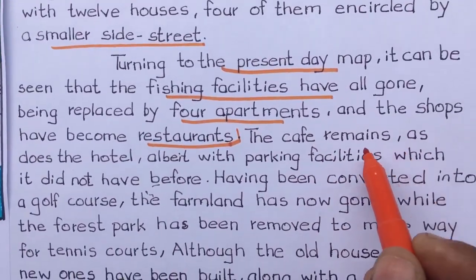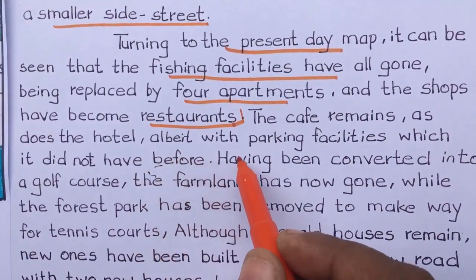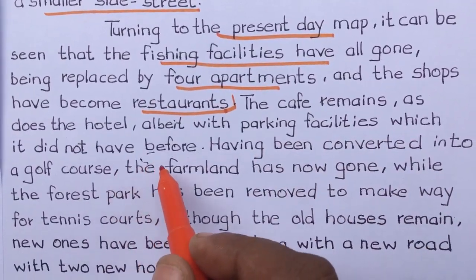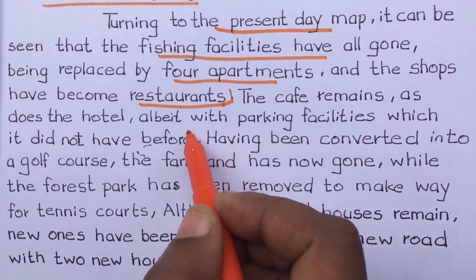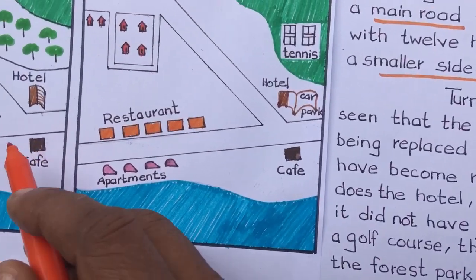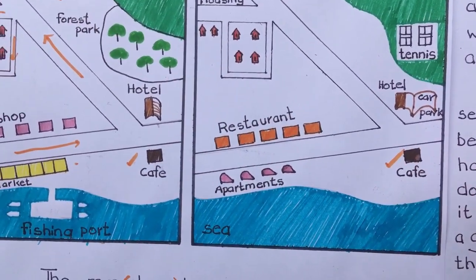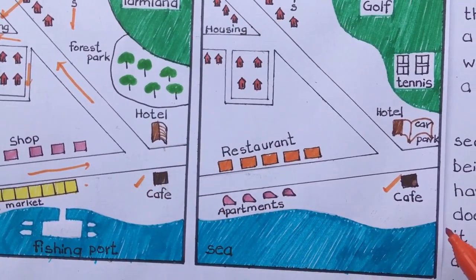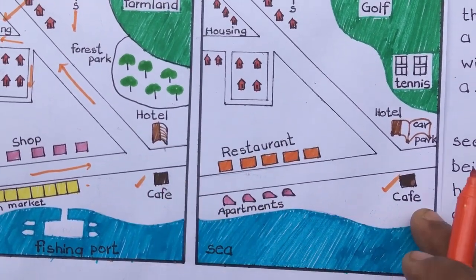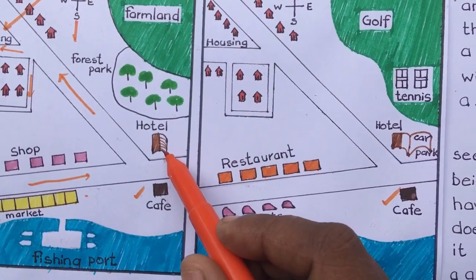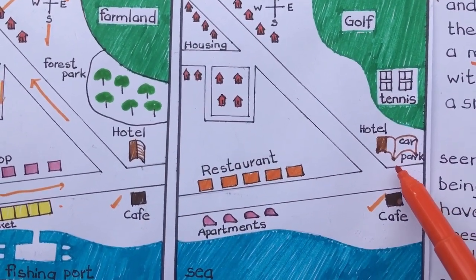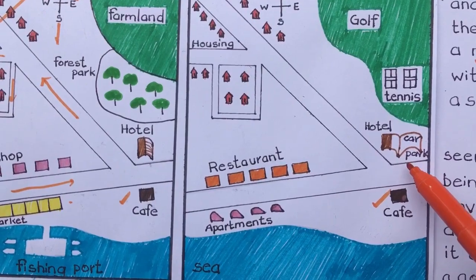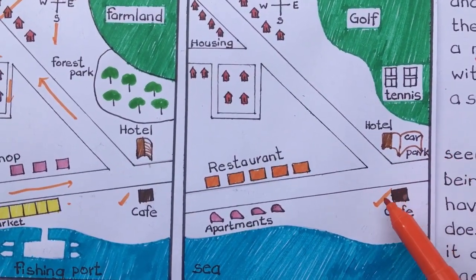The cafe remains as does the hotel, albeit with parking facilities which it did not have before. So let's move here. See, you can see the cafe over here as well. Got it? Earlier also the cafe remains the same, even in 1995 and present. However, the hotel was changed to some extent, like some major facilities were added, amenities like car parking.